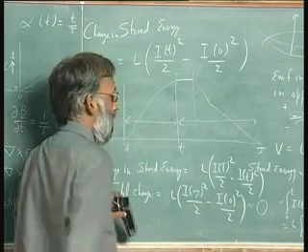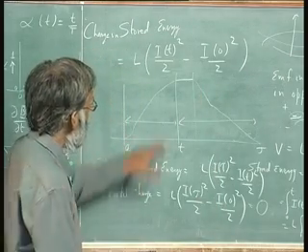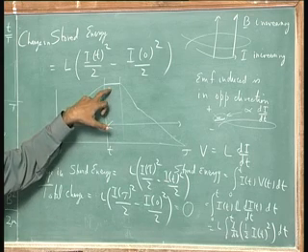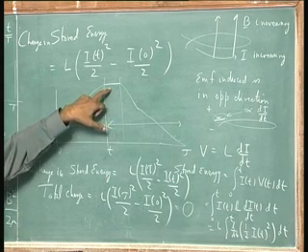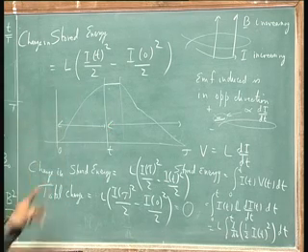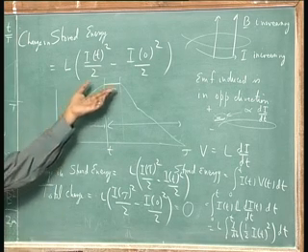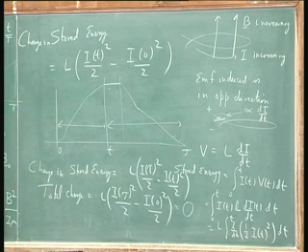Supposing for a while the current was constant. If the current was constant, then I know that my magnetic field was constant, and the electric field was 0, because curl of E was equal to dB/dt. If dB/dt is 0, the electric field is 0.